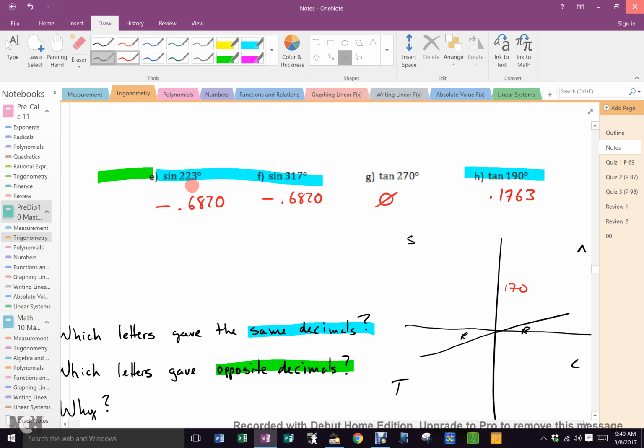the same decimal, and then this one was sine 223 and sine 317, yes? So sine 317 has to be out here, right? And sine 223 has to be in here, right? No, I lie. Sorry, 223 has to be in here. This R and this R are the same.